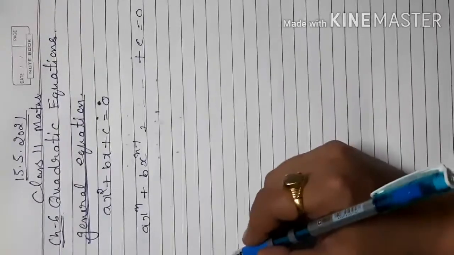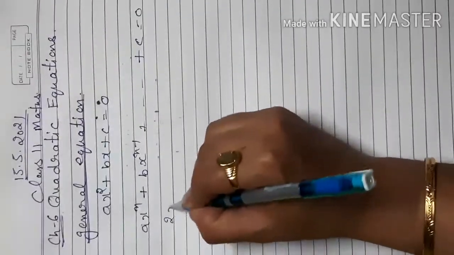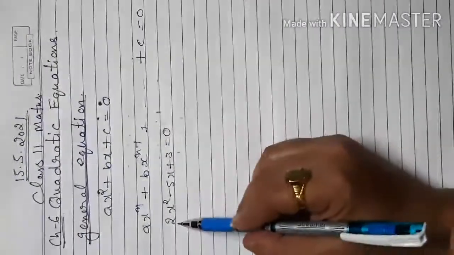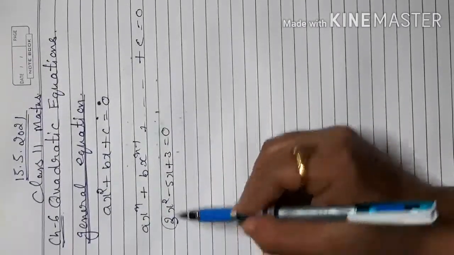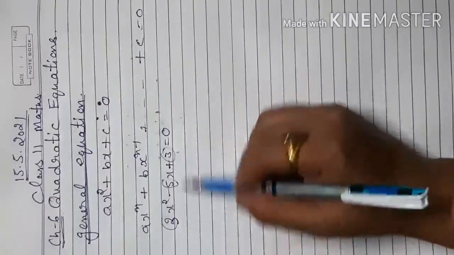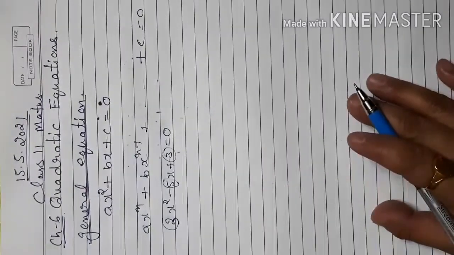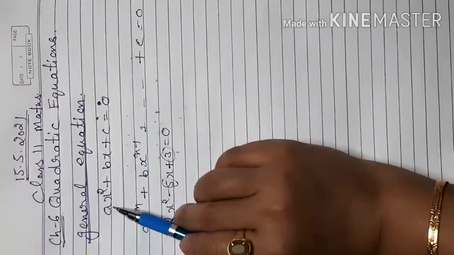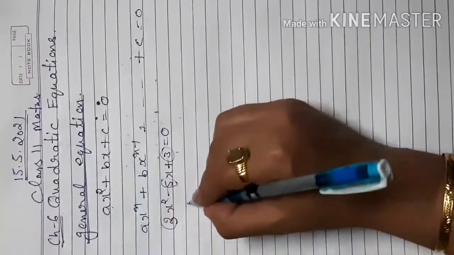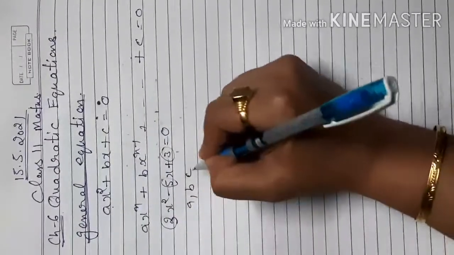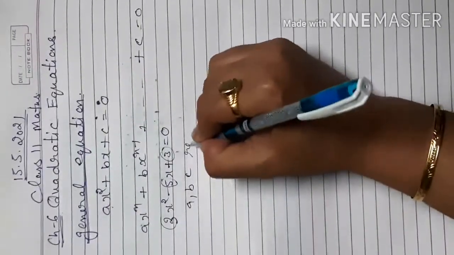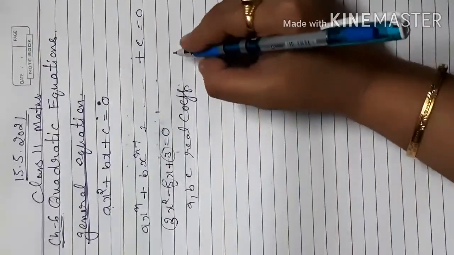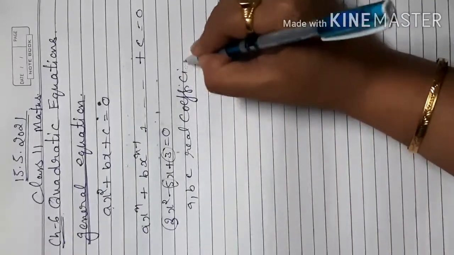So suppose I have a quadratic equation like 2x square minus 5x plus 3 is equal to 0. What is the coefficient of x square, x? These are all real numbers, or we can say real coefficients. Similarly, when we compare with the general equation, a, b, c we call real coefficients, which are multiplied with the variable x, or constant coefficients.